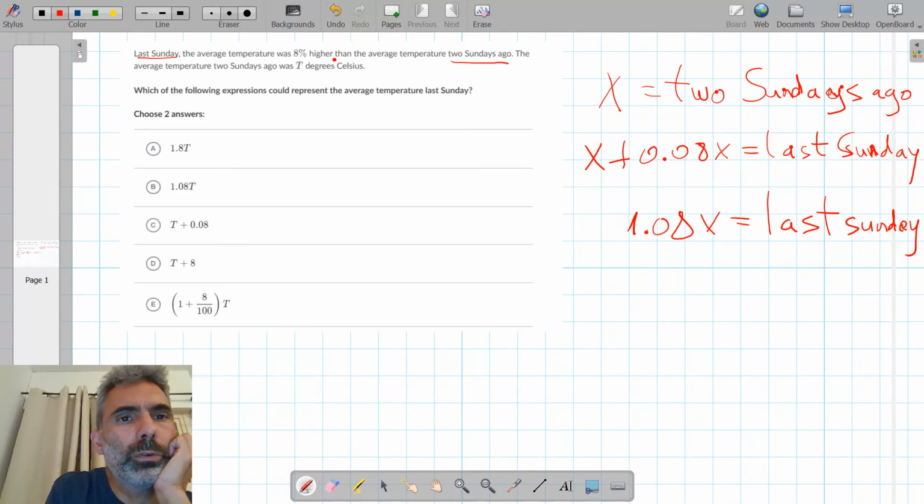Okay, which of the following expressions, okay, the average temperature 2 Sundays ago was T degrees Celsius.